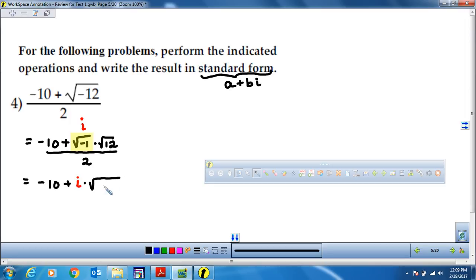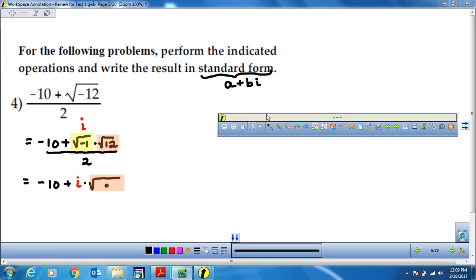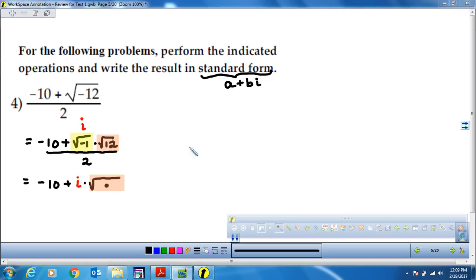But now for the square root of 12, this is the next thing we have to do. Since the square root of 12 is not a perfect square, remember what we have to do? We have to simplify it by factoring. And we have to think of what is a perfect square that multiplies to 12. The largest perfect square that multiplies to 12 would be 4. 4 is a perfect square and multiplies to 12, so it will be 4 times 3.